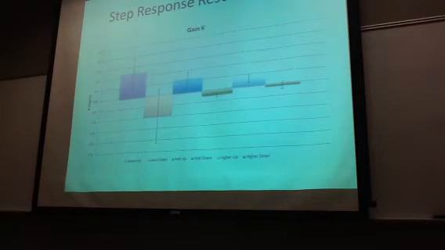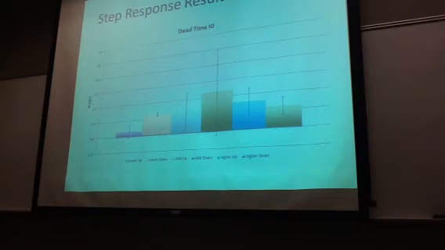Okay, for the results for our gain, the lower step for the lower input range had the largest error, but for the higher ranges we have a much smaller gain.